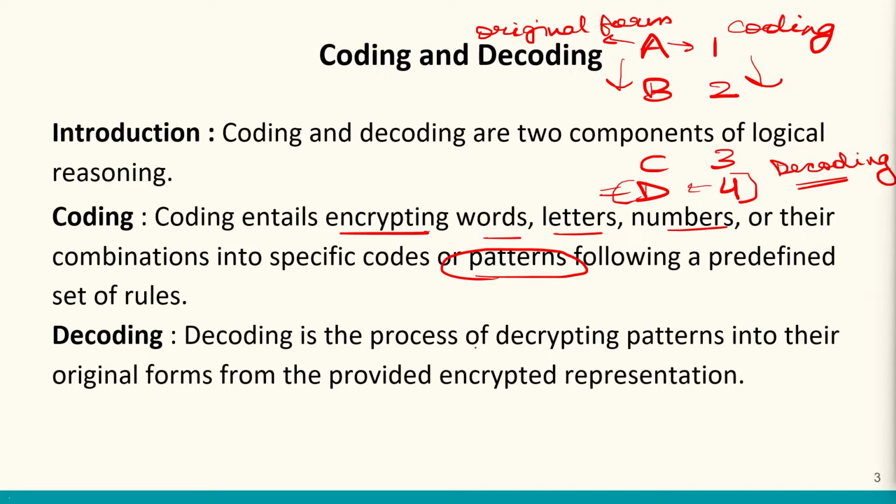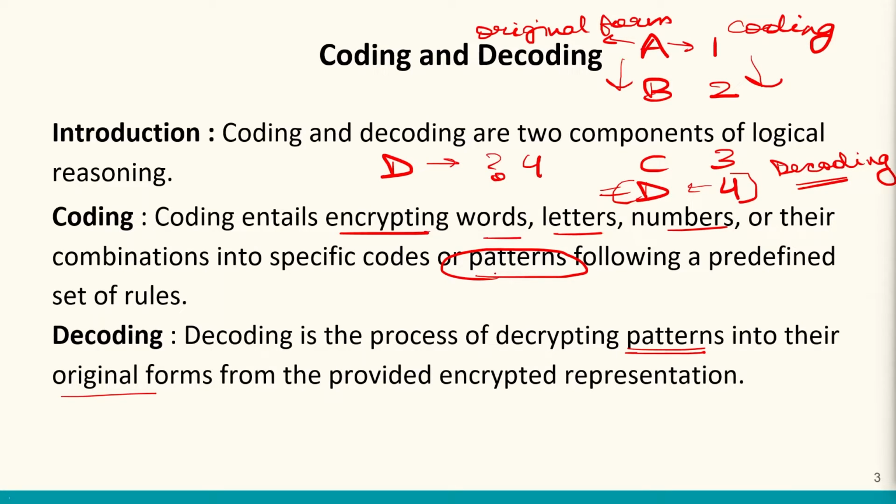Decoding means we are identifying that pattern and coming back to the original form. Or if I had to code D further, I would have to understand the previous logic and code D as 4. So this concept is called coding and decoding.